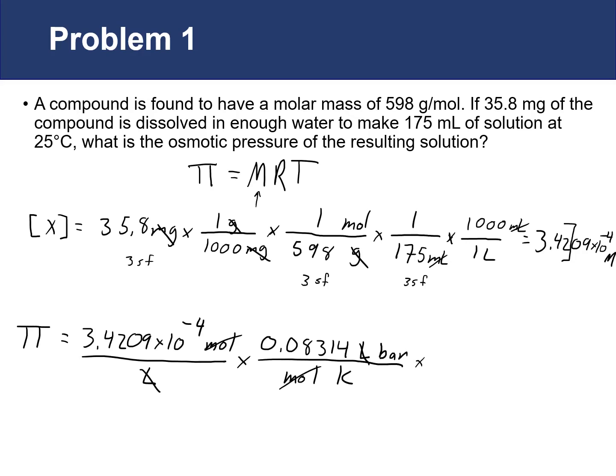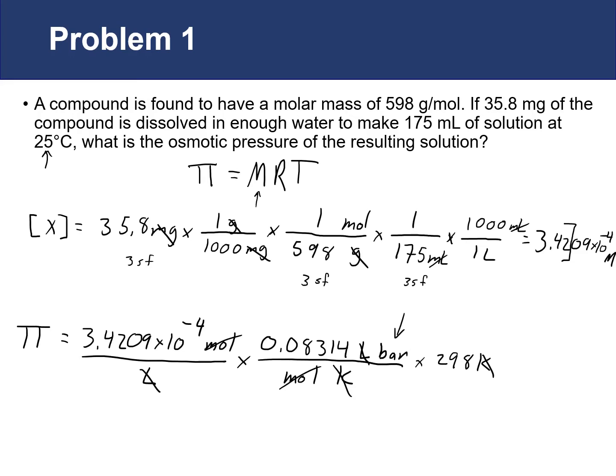We can now multiply this by our temperature, 25 degrees Celsius. We need to convert that into Kelvin, which gives us 298. So we multiply this by 298 Kelvin. Our Kelvin cancel out, and we're now left with bar, which is a form of pressure.